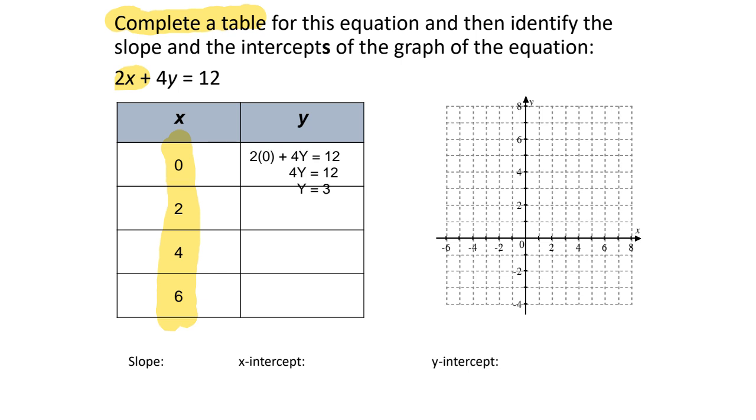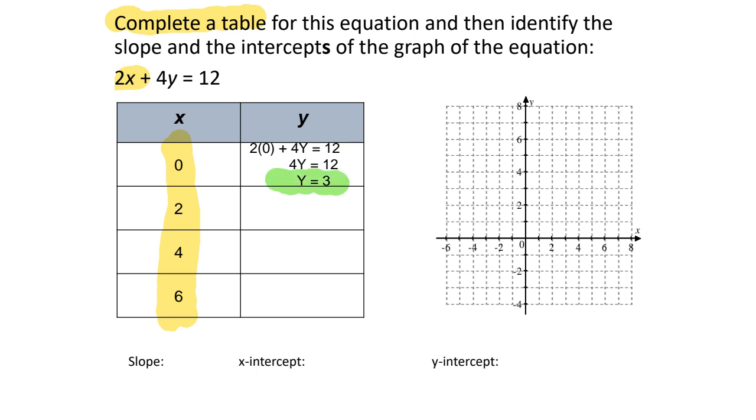Okay, notice what I did. 2 times 0. That 0 was the x that came from the first column, plus 4y is equal to 12. That means that in this column, I am going to write y is equal to 3.